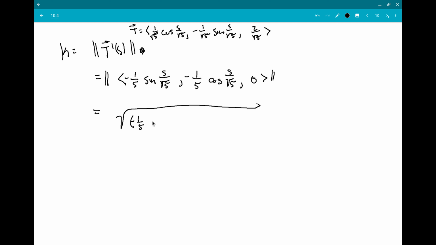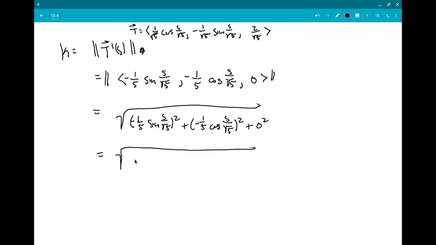Negative 1 over 5 sine of s over root 5, squared, plus negative 1 over 5 cosine of s over root 5, squared, plus 0 squared. It's going to be the square root of 1 over 25 sine squared of s over root 5 plus 1 over 25 cosine squared of s over root 5 plus 0.